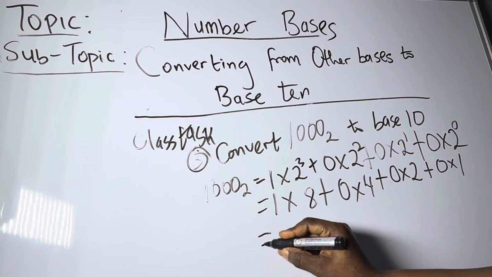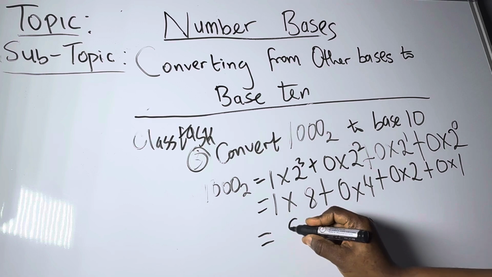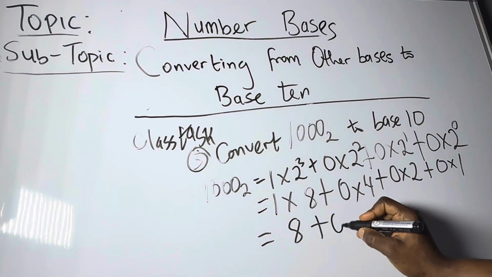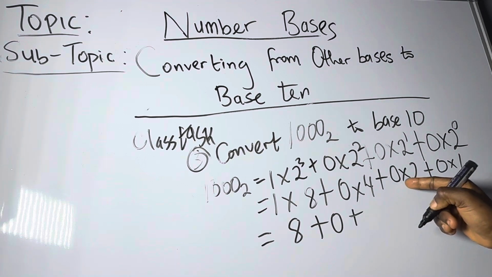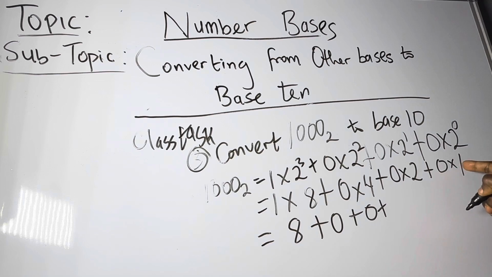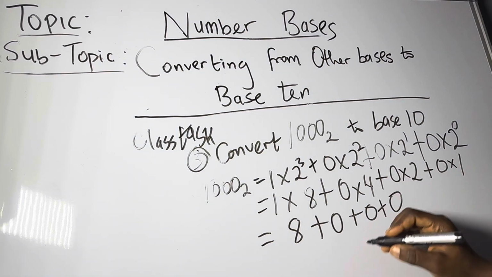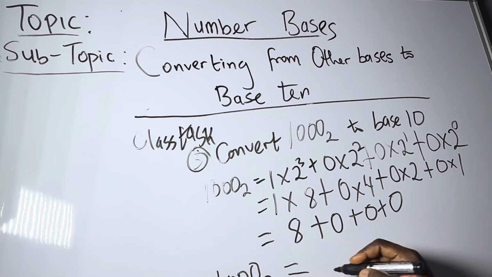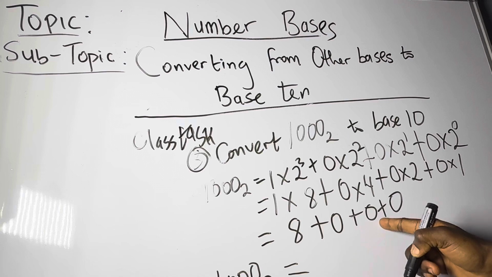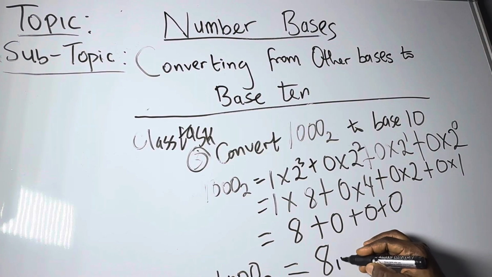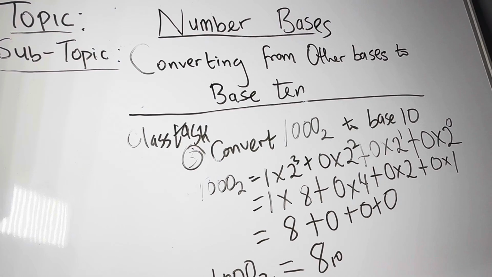So now we have 1 times 8, which is 8, plus 0 times 4, 0, plus 0 times 2, still 0, plus 0 multiplied by 1, which is also 0. So 1000 in base 2 converted to base 10 equals 8 plus 0 plus 0 plus 0, which is still what? 8 in base 10. Do you understand?